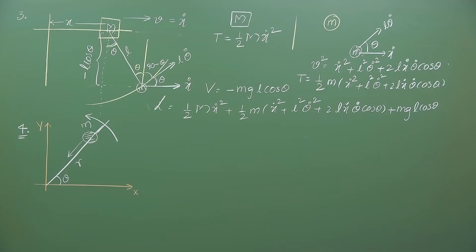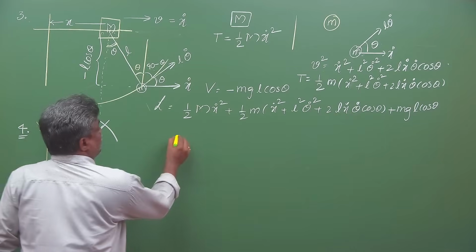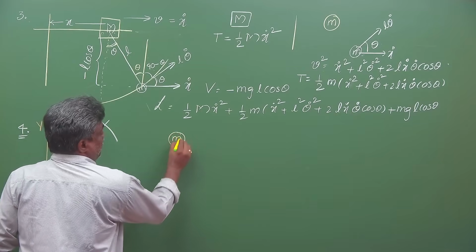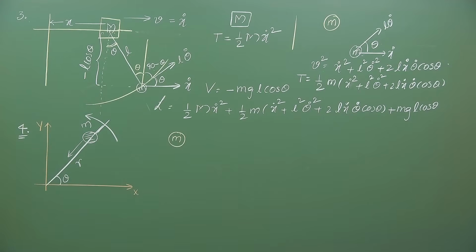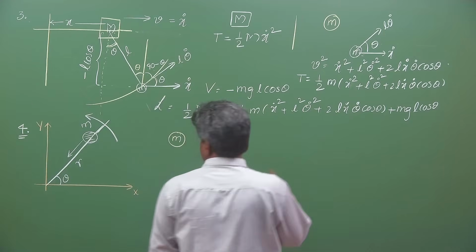Try the next one yourself. Those who have completed the third, try yourself. Please observe how the particle is moving. Take m again, my advice. Take m again and represent the velocities and take the angle between them. How simple it is. Come on.